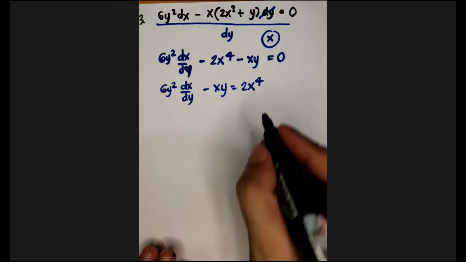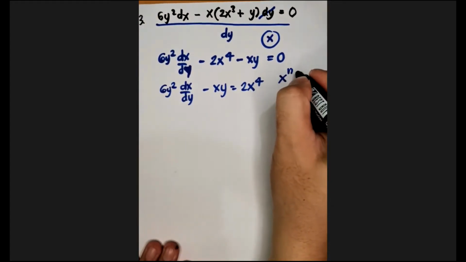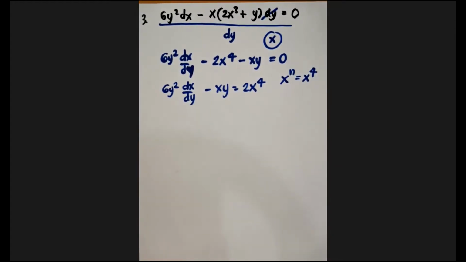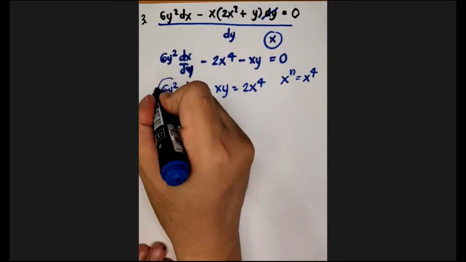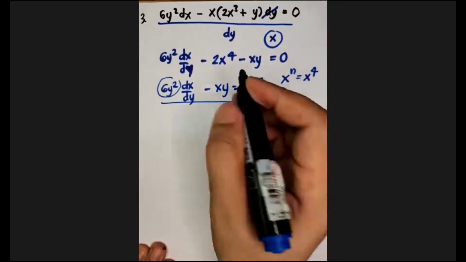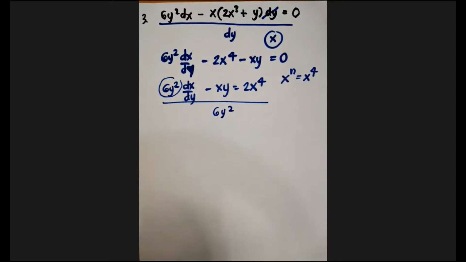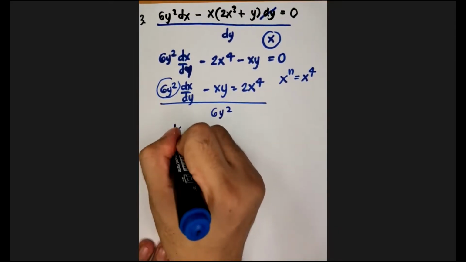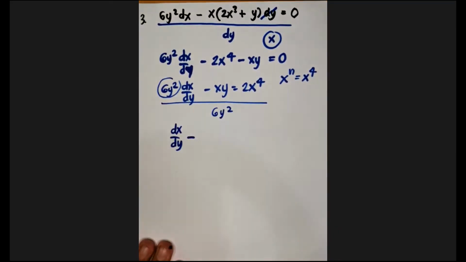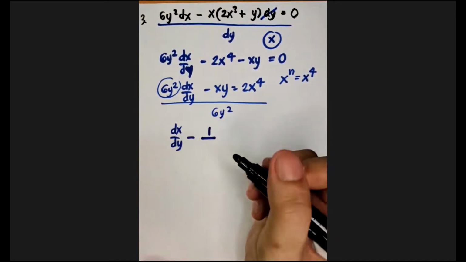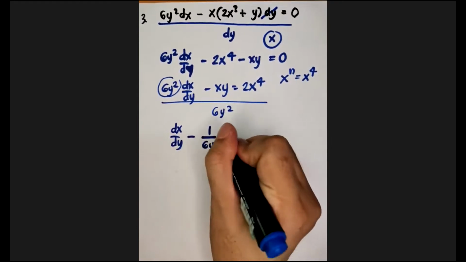So what's our x raised to n? It's x raised to 4. But before we do that, we need to eliminate this, by dividing the whole equation by 6y squared. So we'll have dx over dy minus 1 over 6y x.